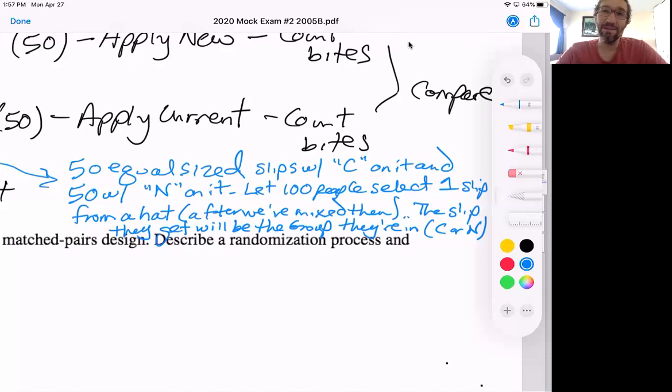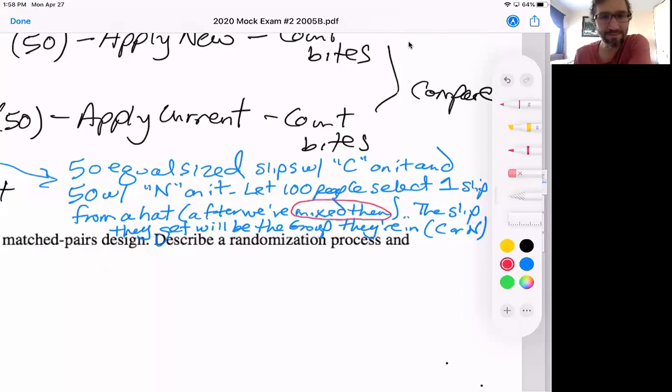So there's some confusion about single blind. A lot of times we think single blind's only the people who receive the treatment. They don't know. But maybe you could still have a single blind experiment where the people themselves know what treatment they received, but the people interacting with them, measuring their response, don't know what treatment they're receiving. Okay, so if this were scored, one main thing that we'd be looking for is that you mention that you're mixing.